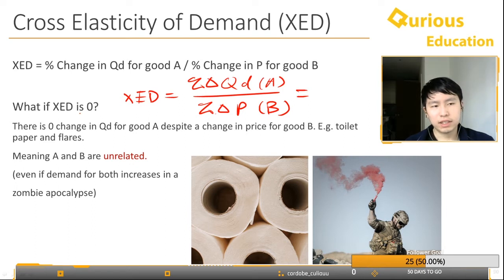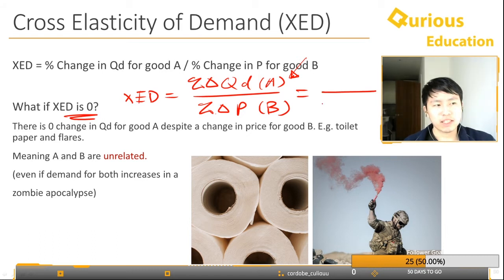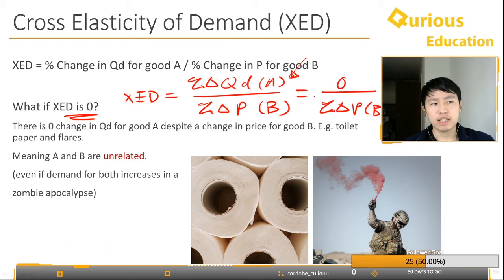So if XED is 0, that means that the top must be 0. So it shows that no matter what your price change for one good is, it's not going to change the quantity of the other good. So that means there actually just isn't a relationship between the two products.